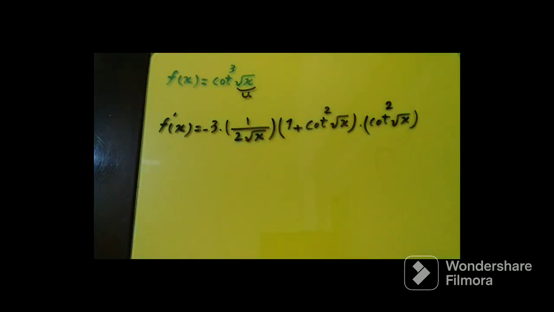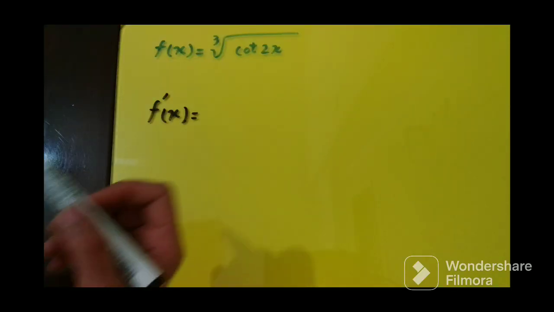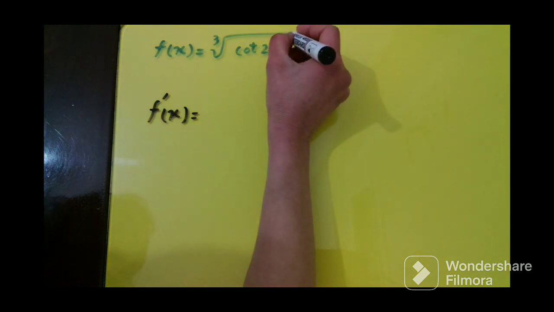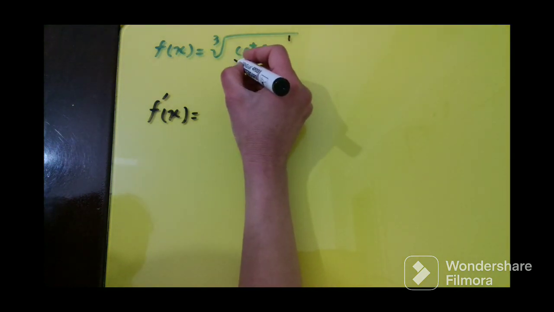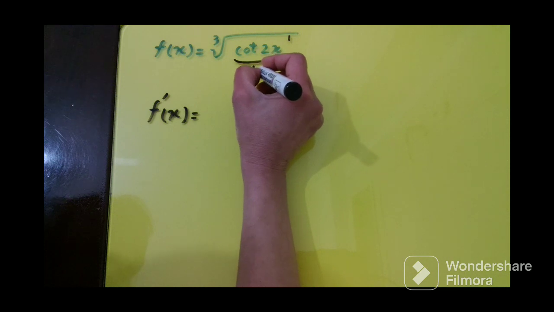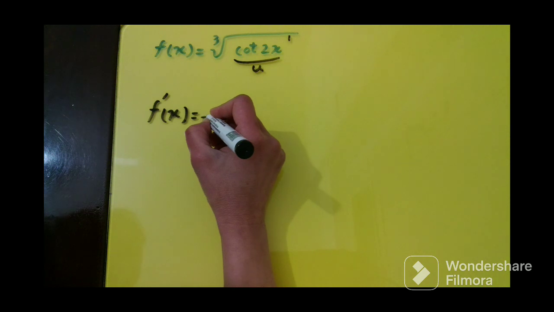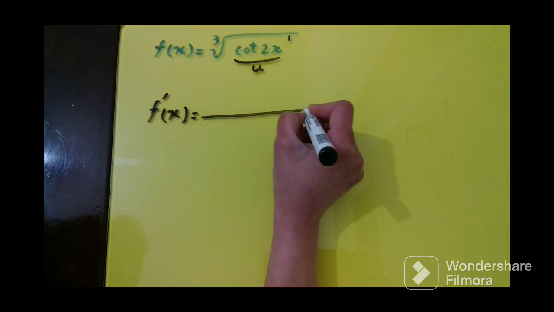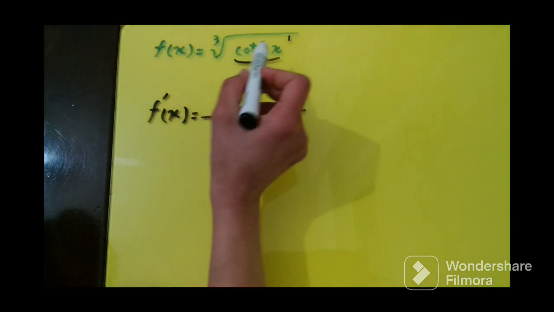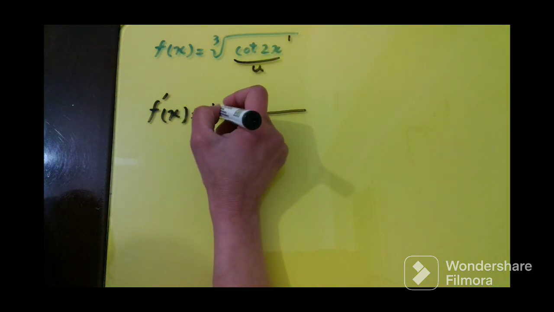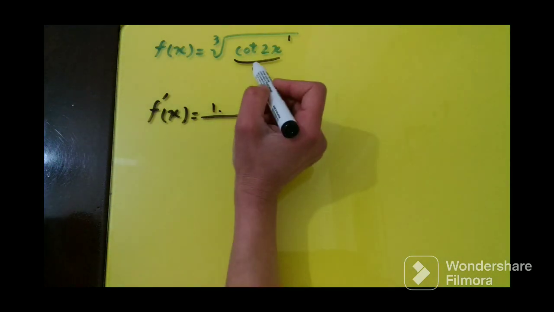Next problem. Okay guys, f of x is a radical function. So according to the rule, m is 3, n is 1, and this term is u. F prime of x is n, 1, times u prime.